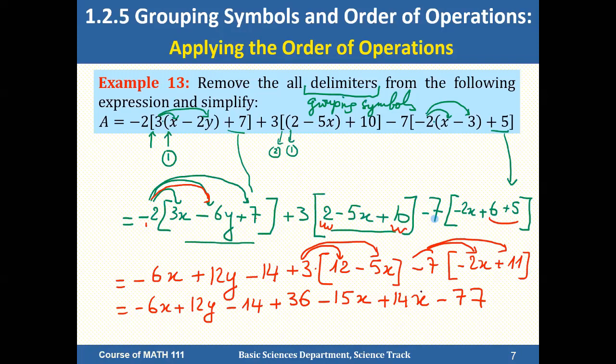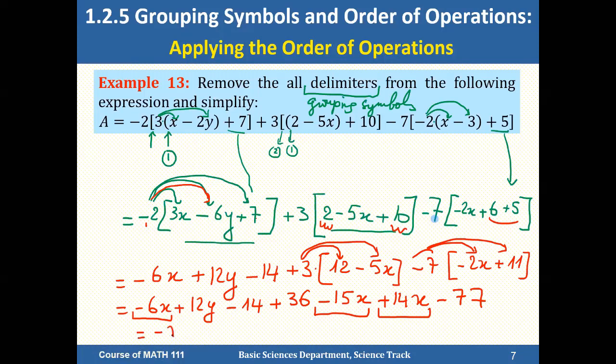Okay, I removed all grouping symbols. Now we simplify. Are there terms in x? We have minus 6x, minus 15x, plus 14x. How much is this? Minus 7x.